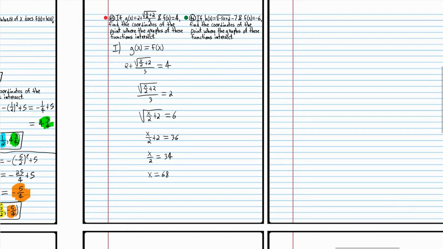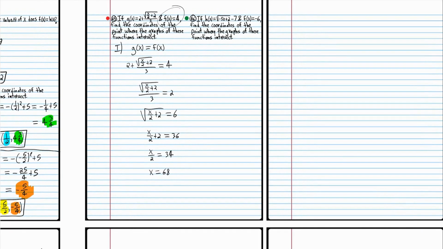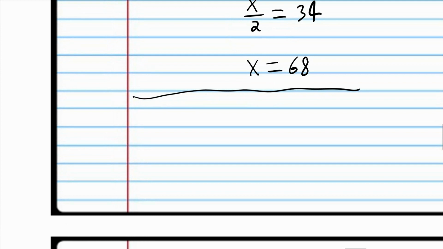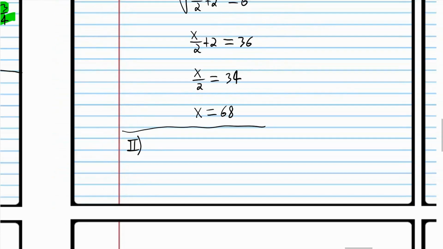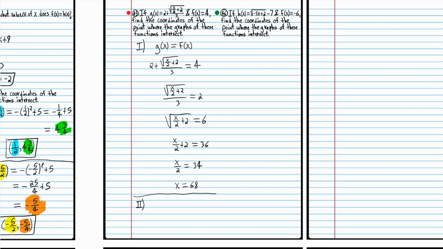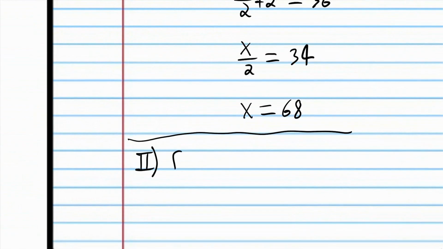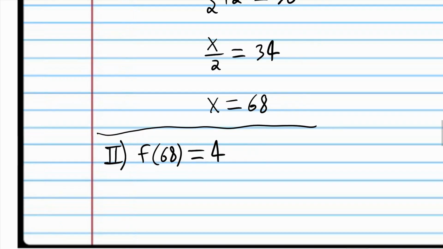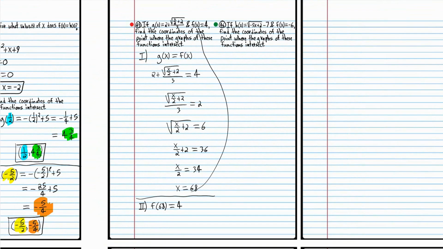But if I use this function up here, it's going to make things a lot easier for us. If I plug in 68 to that second function, f, I'm going to get 4, because it doesn't matter what you plug in to x, you're going to get 4 no matter what. So that means that the y value has to be 4.